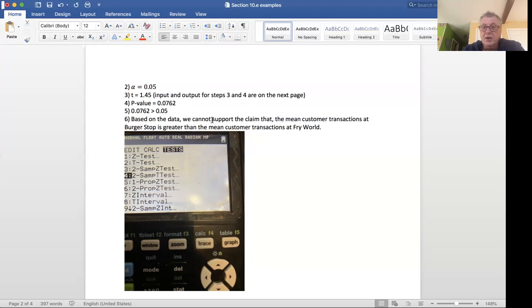So based on this data, we cannot support the claim that the mean customer transaction at BurgerStop is greater than the mean customer transaction at FryWorld. Why? Well, because remember, HA was the claim. We failed to reject H0, the opposite of that claim. So that means we can't support the claim.